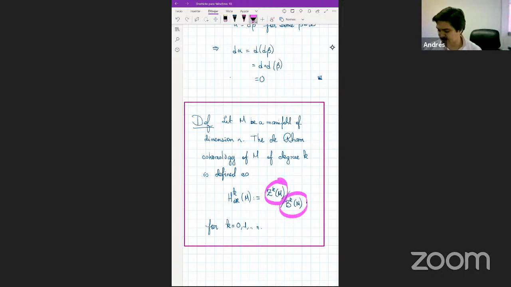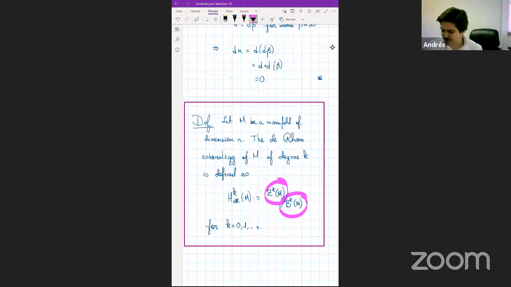Either this or this, they depend on the manifold because they are defined in terms of differential forms. Okay, that's fair. But they also depend on the exterior derivative because it is the kernel and the image of that operator. But the good news is that what we proved a while ago, on a manifold, there's only one exterior derivative.